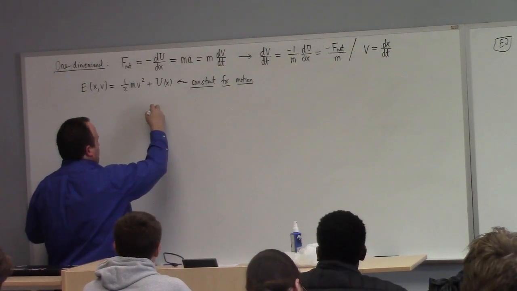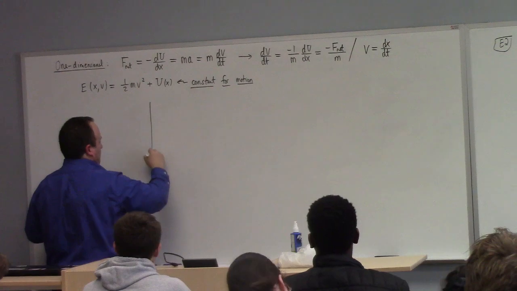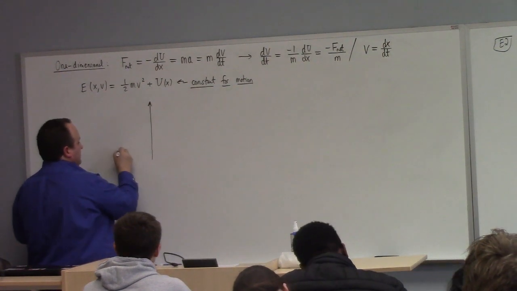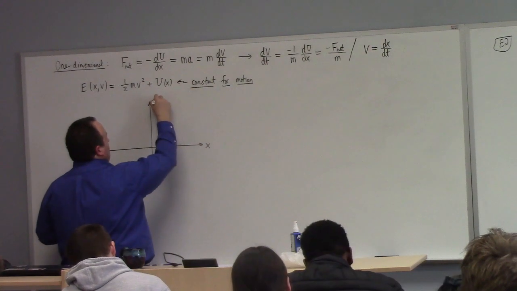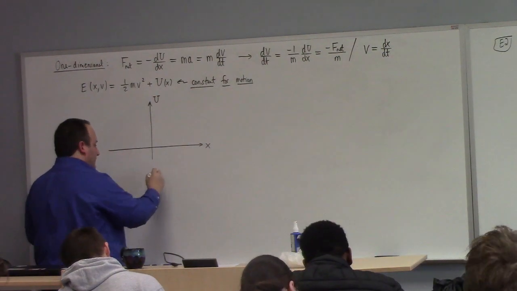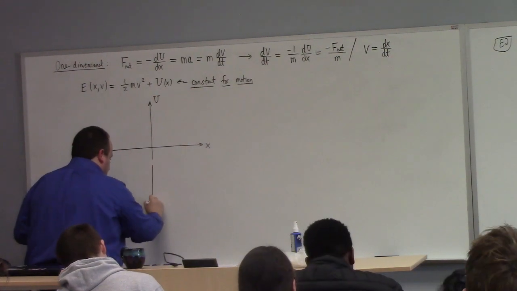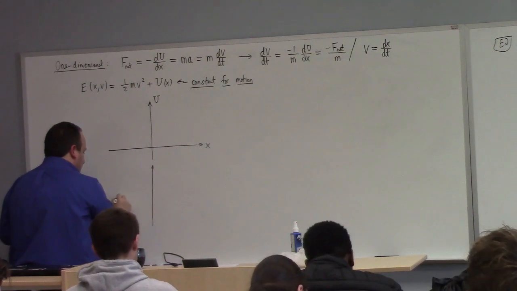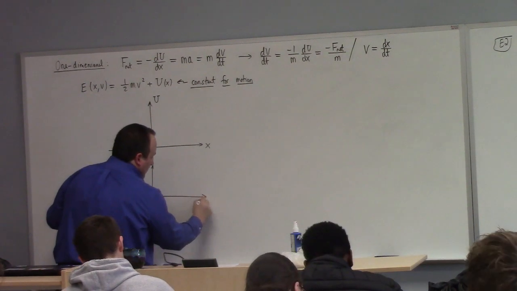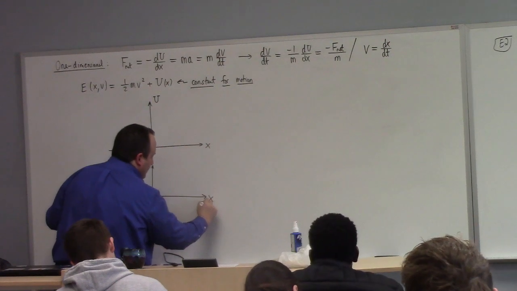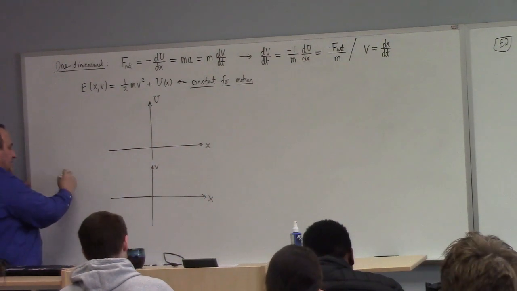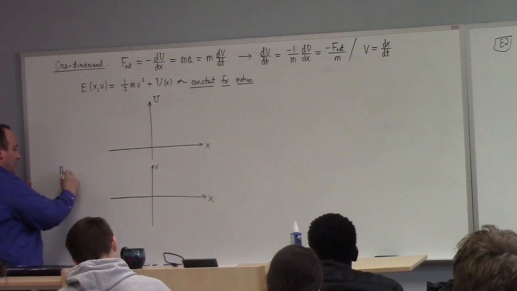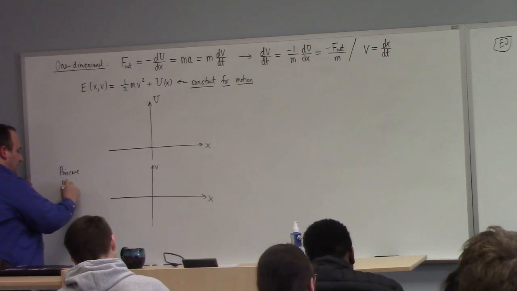Getting to the point here, if I was to plot x versus U, and then right underneath it, I was to plot x versus not U, but the velocity, then this is what's called the Poincare, or sometimes the phase plane.